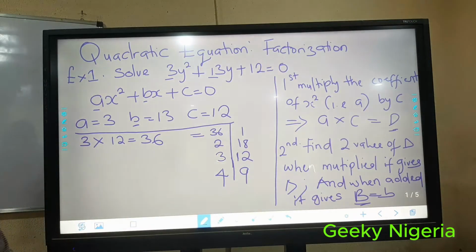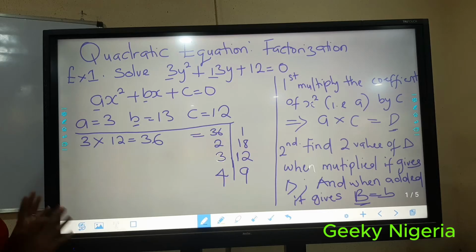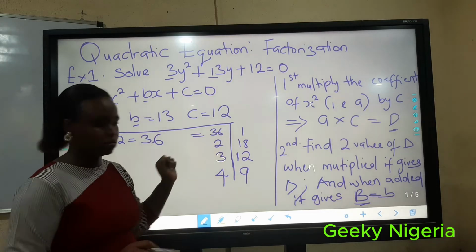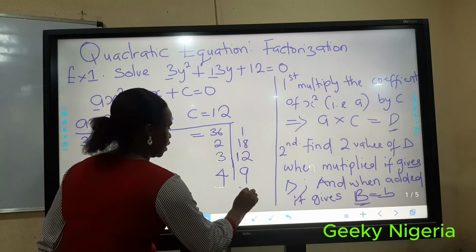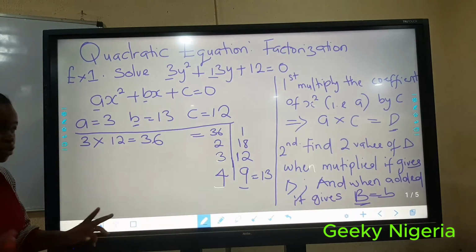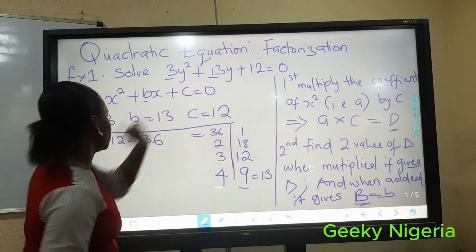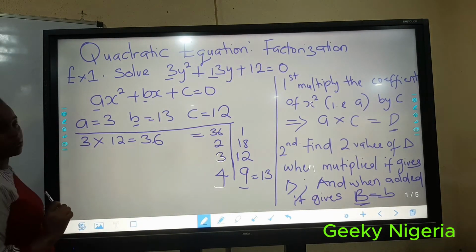All these give you 36. So you're writing the factors down. Now which of these two would you add that will give you 13? You see it's 4 and 9. When you add them, they give you 13. So you have gotten the two factors that when multiplied give you 36, and when added give you 13.